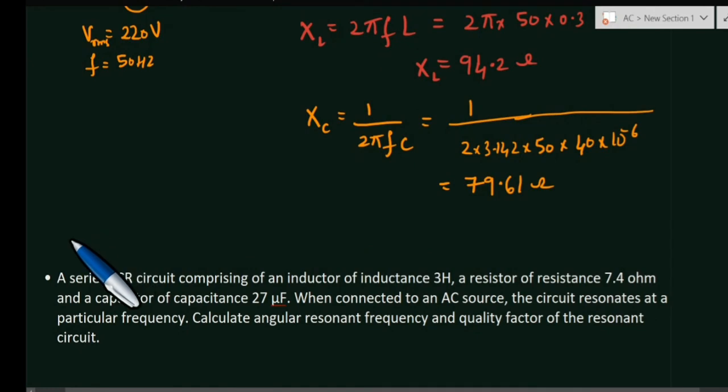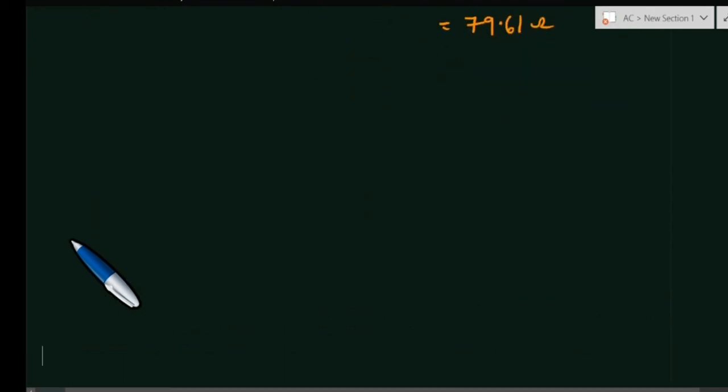The value of Z is equal to square root of R square plus (XL minus XC) whole square.